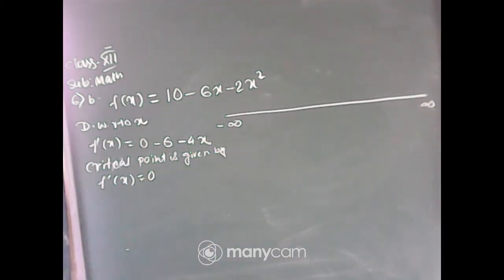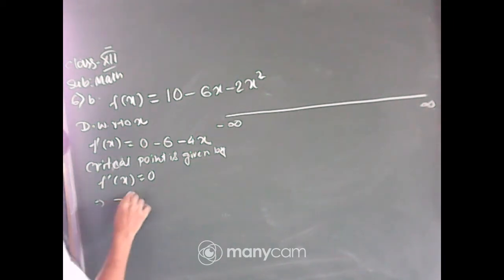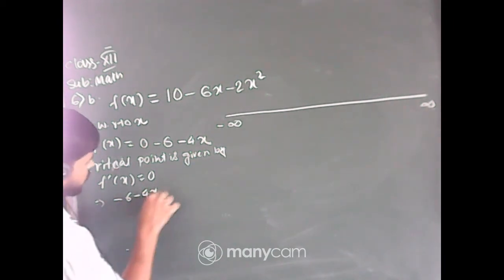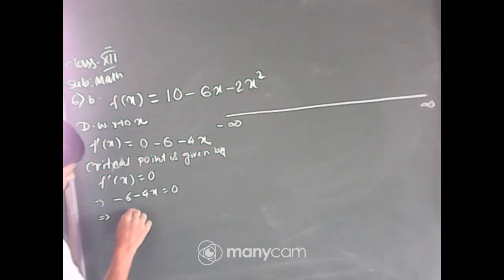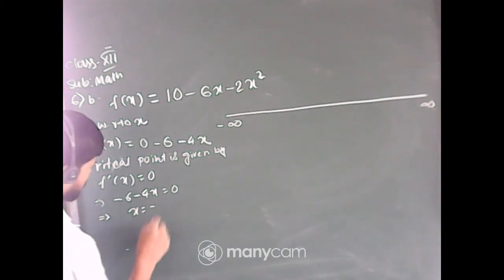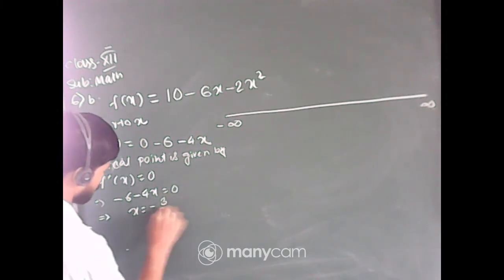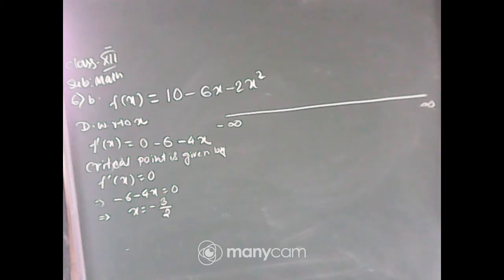Now put the value of f'(x), that is minus 6 minus 4x is equal to 0. That means x is equal to, I think it will be minus 3 by 2. X will be equal to minus 3 by 2. Okay, so minus 3 by 2 is the critical point.